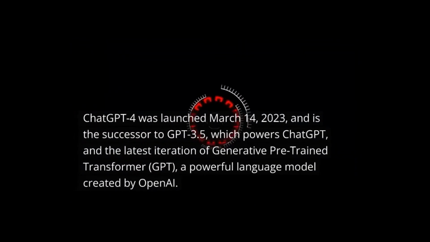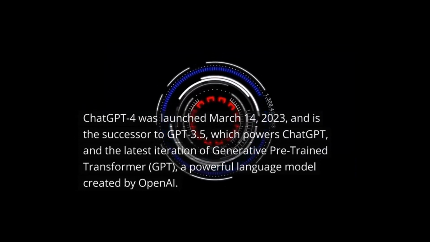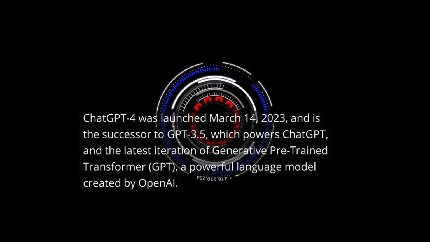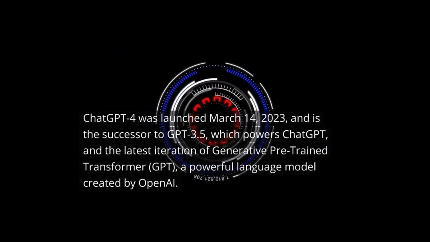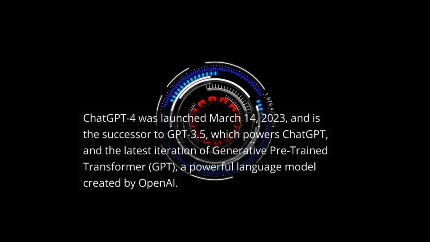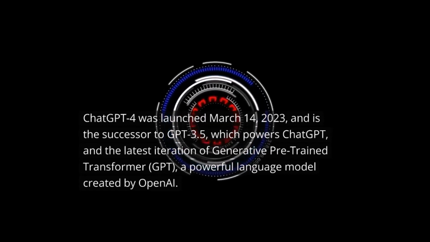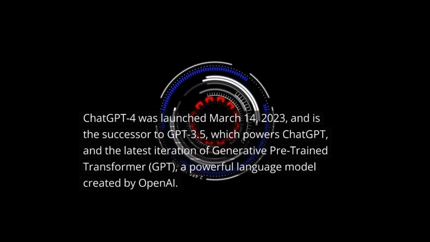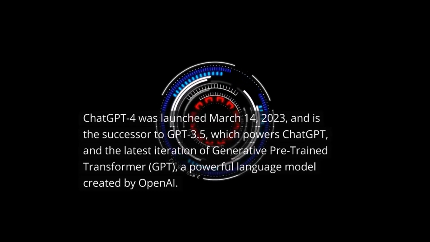GPT-4 was launched March 14th, 2023 and is the successor to GPT 3.5, which powers ChatGPT and the latest iteration of Generative Pre-trained Transformer, or GPT, a powerful language model created by OpenAI.